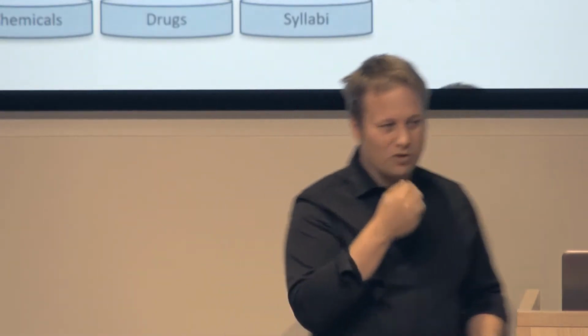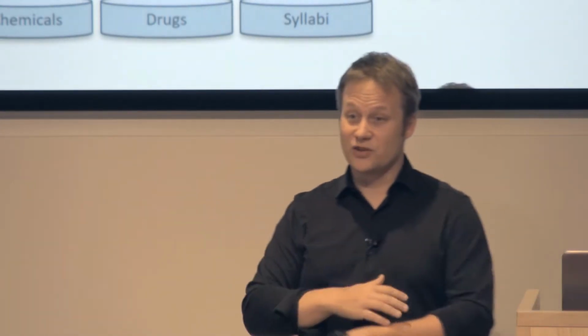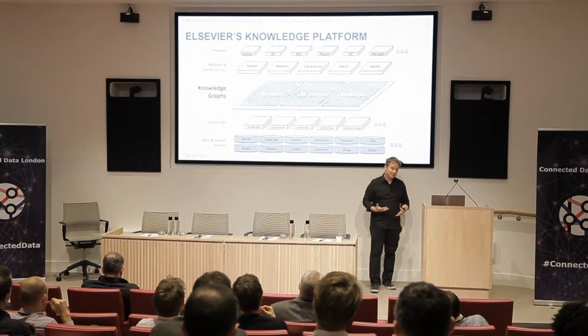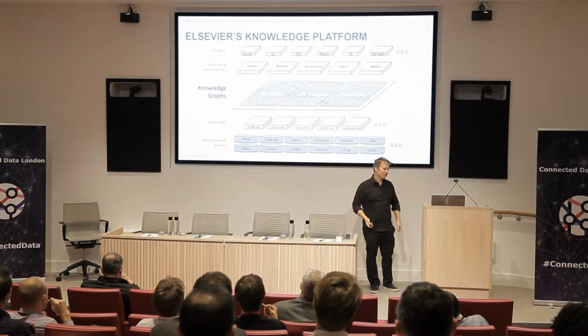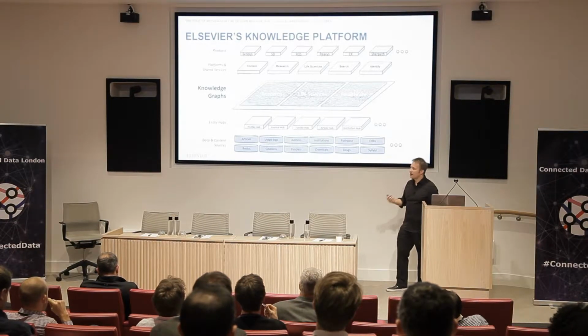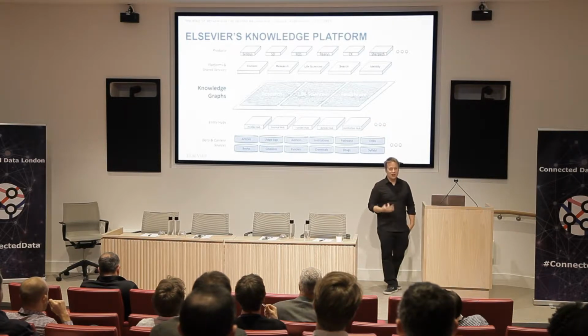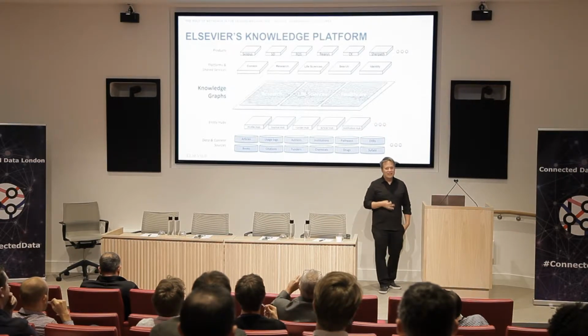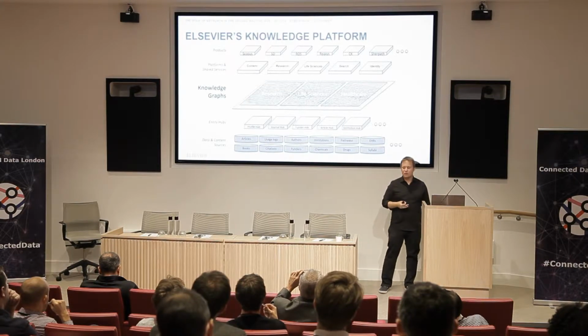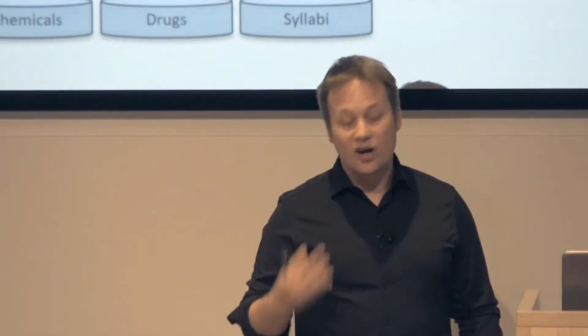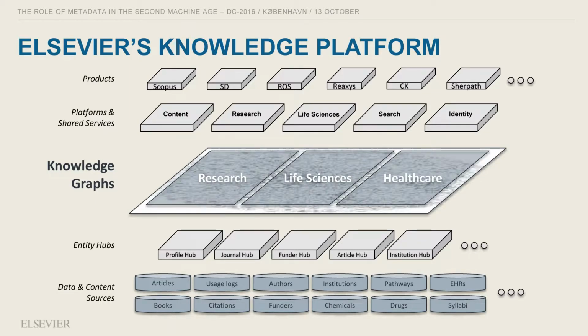So a little bit of a broad view of where we are going in terms of our information architecture around knowledge graphs. You can imagine we have with Schemas the beginnings of a knowledge graph around the entirety of research. We have with Reaxys and other products, Pathway Studio, a product called Quosa, the beginnings of a graph around the life sciences.